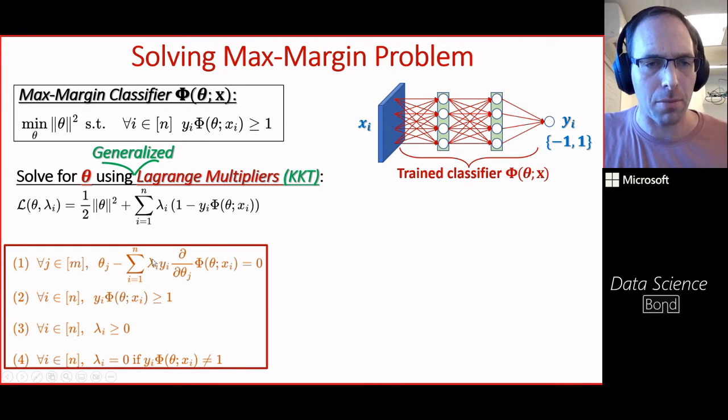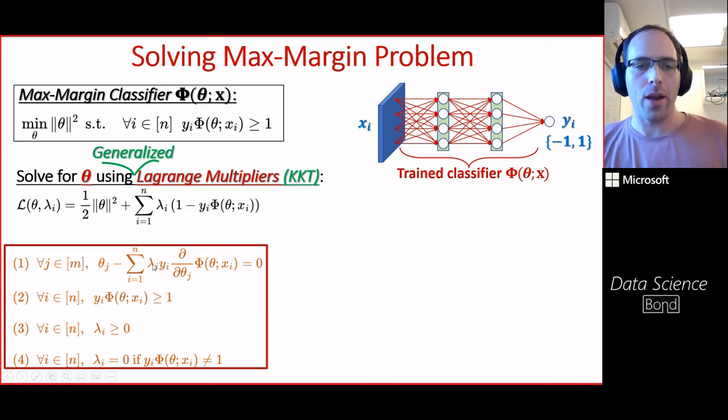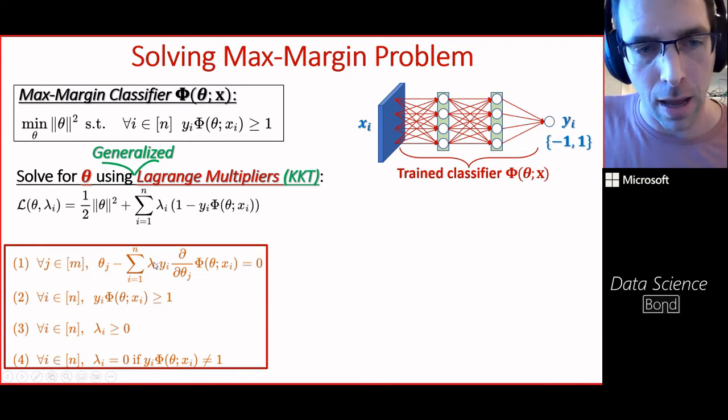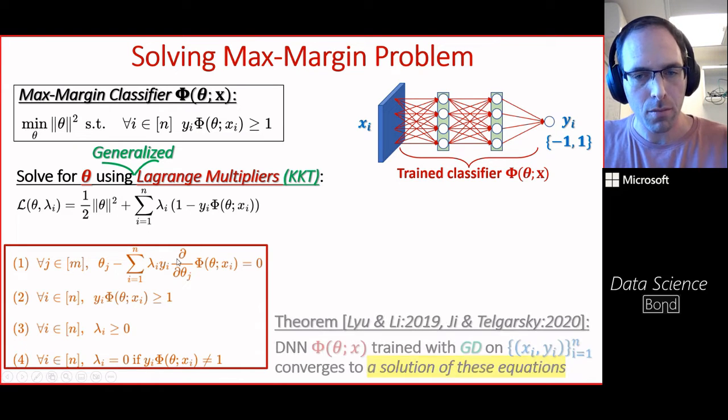And that's why you have this lambda pops up, because this is kind of the Lagrange multiplier. So you have these equations that relate theta, the parameters, to the training data xi, yi, plus this annoying or lovely lambda Lagrange multiplier, which is just a scalar per data sample.